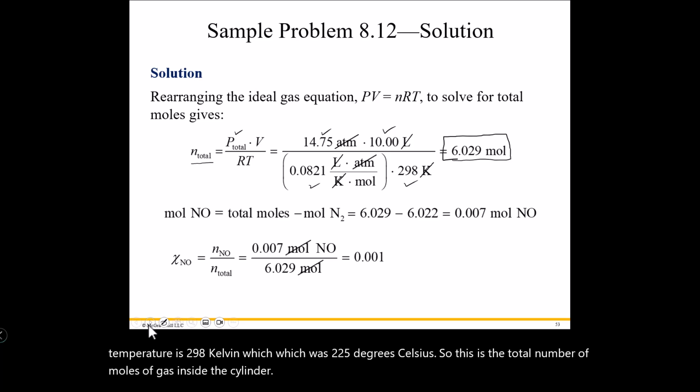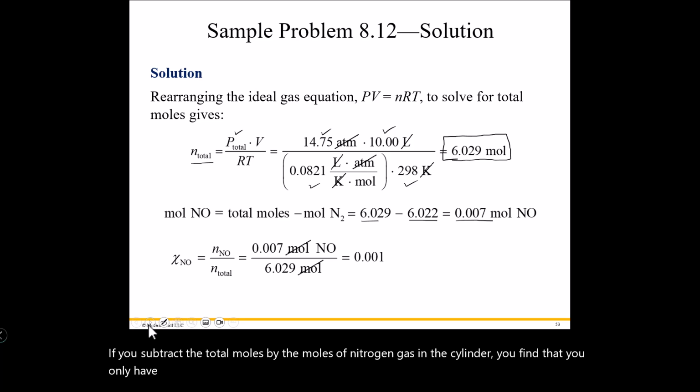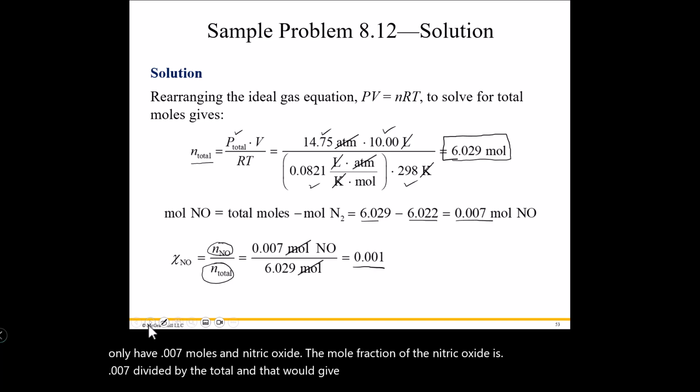Now, if you subtract the total moles by the moles of nitrogen gas in the cylinder, you find that you only have 0.007 moles of nitric oxide. The mole fraction of the nitric oxide is 0.007 divided by the total, and that would give you the mole fraction of the nitric oxide.